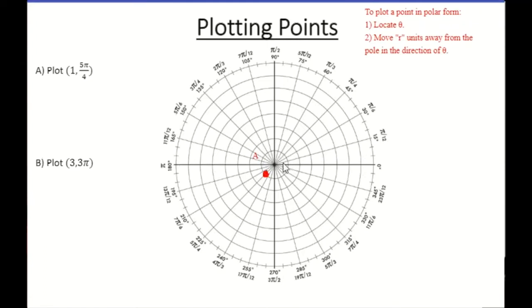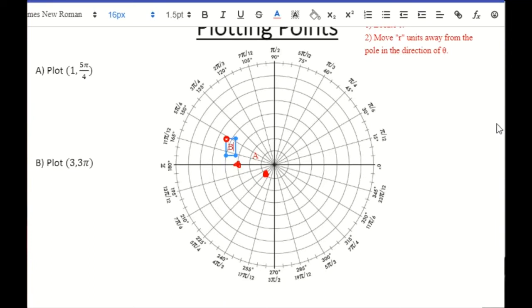And so that point would be 3 units away from the pole, 1, 2, 3, and so our point will be right here. Let's draw that a little better. There we go. That's still a pretty ugly one, but it'll do.